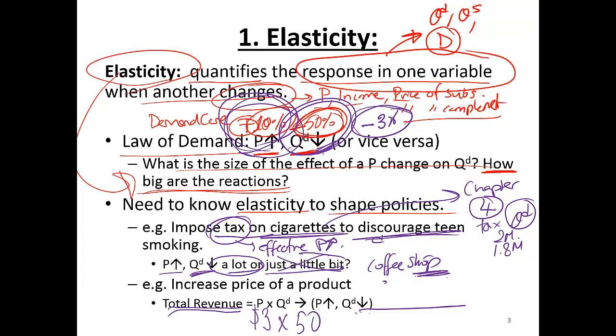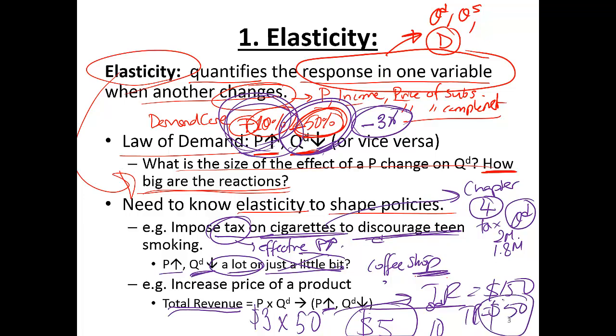So I'm making a total revenue of $150. If I increase the price to, let's say, $5, you better be careful what you're doing, because if you increase the price to $5 and you only have 10 customers left, look at this, your total revenue goes down to only $50. That is a very poor choice on your part.